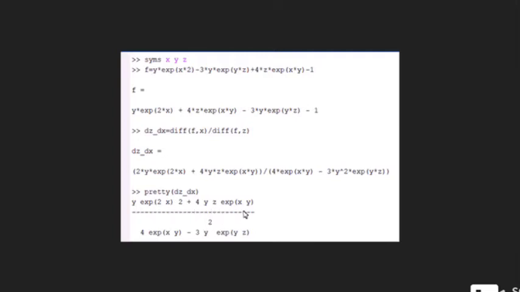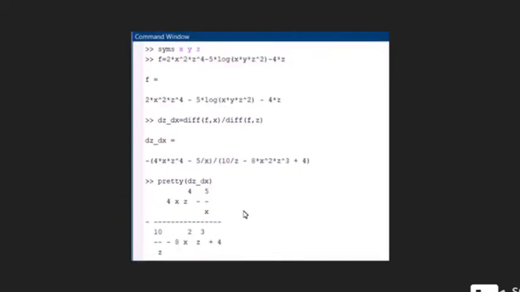For question D2, the function given is 2x power of 2 z power of 4 minus 5 ln x y z power of 2 minus 4z. Also we have to find dz/dx. So differentiate fx divided by differentiate fz.